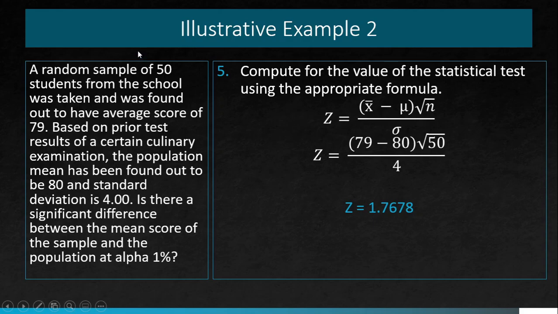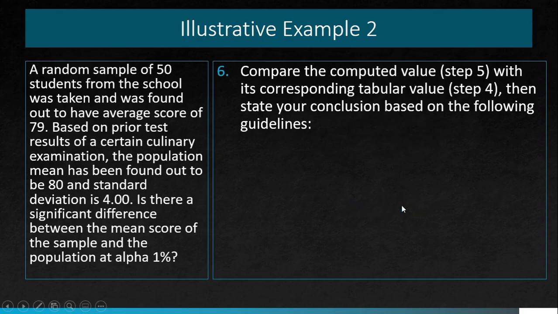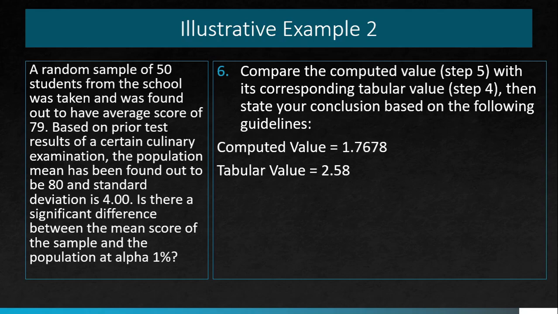And then we have a sample size of 50. So square root of 50 divided by our standard deviation of 4. Therefore, our computed value is 1.7678.